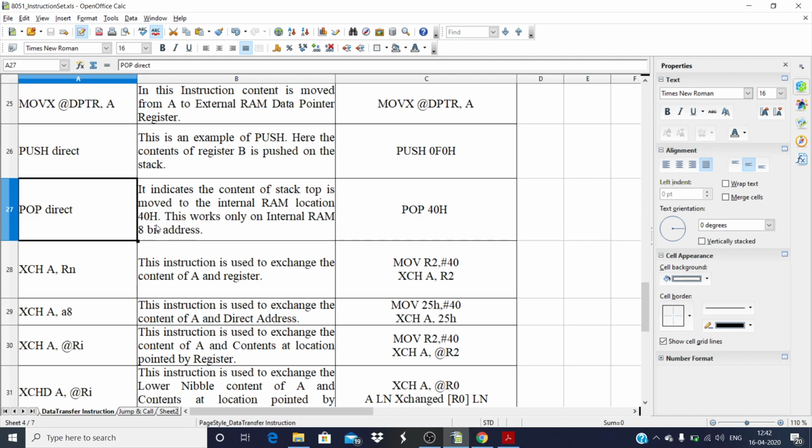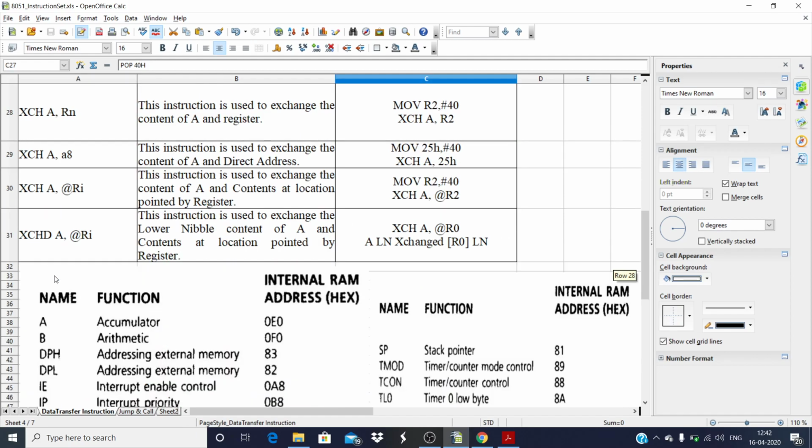Remember, stack instructions only work on internal RAM. So POP 40, it will pop the contents from the stack, and the content will be moved to the internal RAM location 40. Next instructions are exchange instructions.